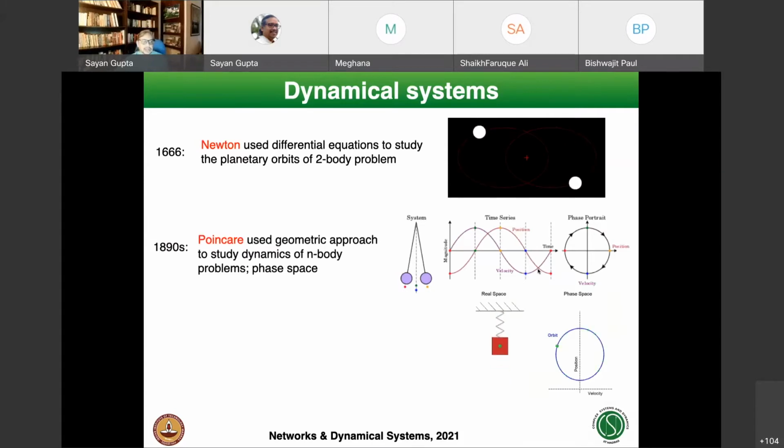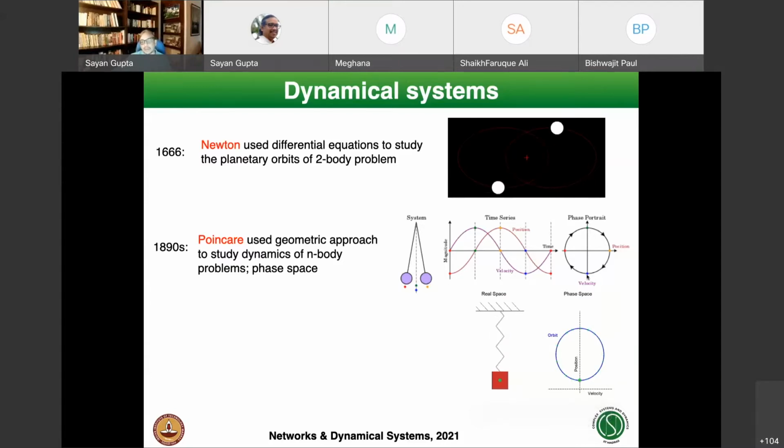That remained a difficulty till the 1890s, when Poincaré came up with a geometric approach by which you can study it in a different way. So he introduced the concept of phase space or state space. For example, when you have a pendulum, it's not just the displacement, but it also has velocity. And you can represent the dynamics in a state space defined by the displacement, that is the position, as well as the velocity axis.